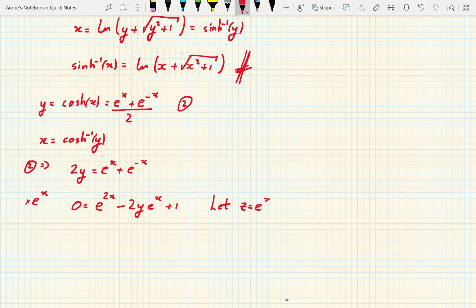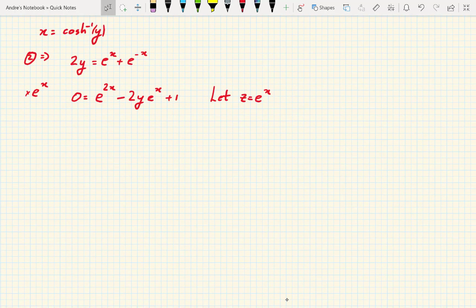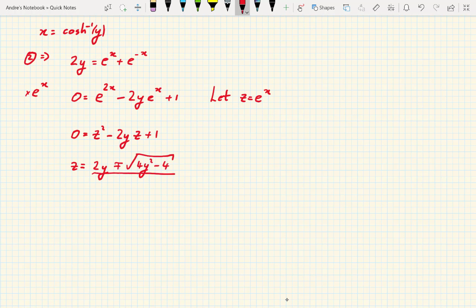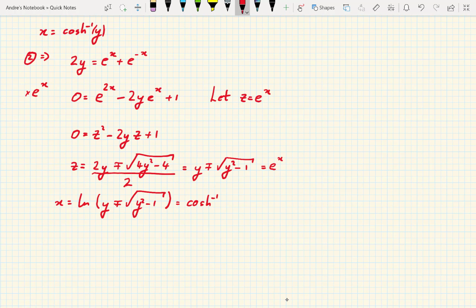Writing z equals e to the x as before gives 0 equals z squared minus 2yz plus 1. And applying the quadratic formula gives z, which is e to the x, equals 2y plus or minus root 4y squared minus 4 all on 2, which simplifies to y plus or minus root y squared minus 1. So x is the log of y plus or minus root y squared minus 1, and that is the inverse cosh of y.